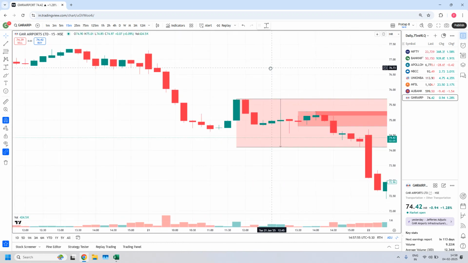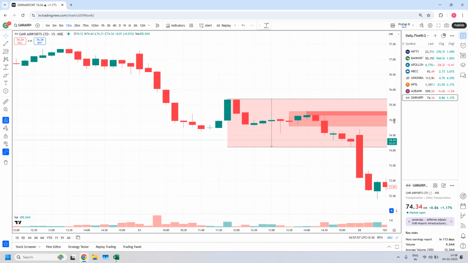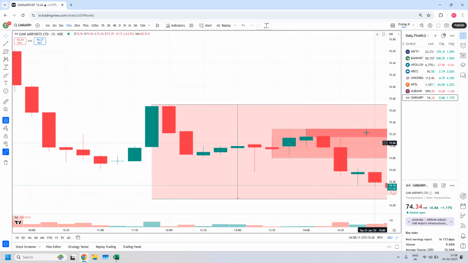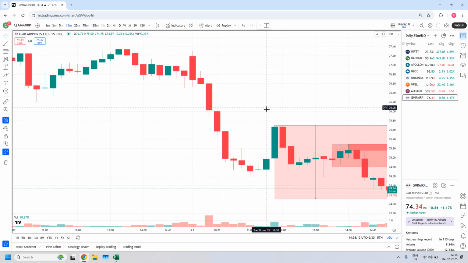See here, the moment I hide it, look into the scale, you will get clarity. Now you are seeing 75, 50, 75. The moment I hide, see the coordinates: 75, 80, 75, 60, 75, 40. Because of the scale, the candle visibility is changing. That means with smaller values in the scale, the candles look bigger.